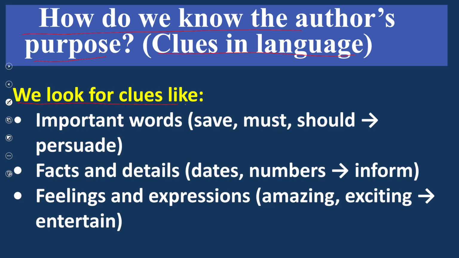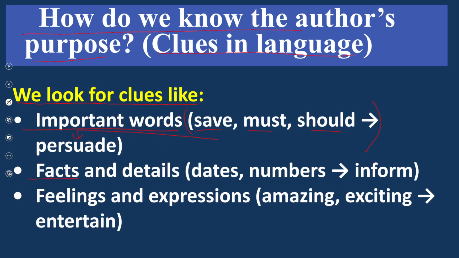Whenever we read any text, we have to look for clues like these. First of all, important words like save, must, should. If these words come in any text, they suggest the author is persuading.